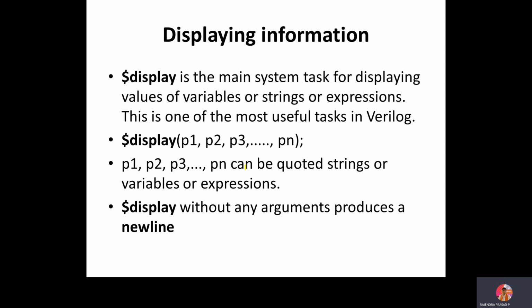These are different messages you will observe, and they are displayed using the display system task. P1, P2, P3 and Pn can be a quoted string, variables or expressions. Dollar display without any argument produces a new line.